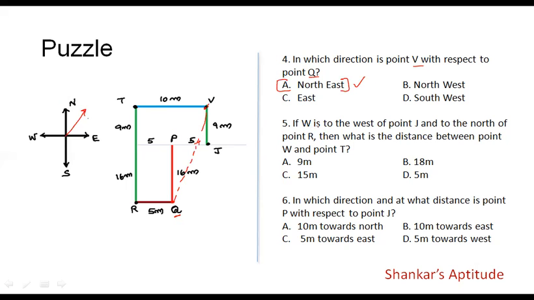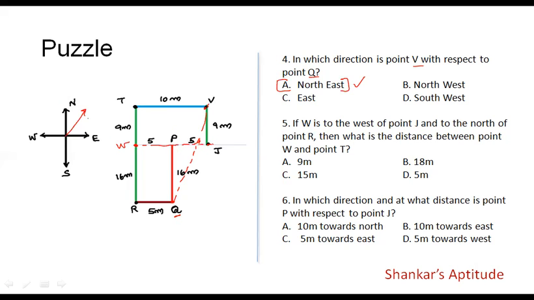If W is to the west of point J, it is located here. W is to the west of point J and to the north of point R. So we can see that west of point J, north of point R, this is the point where W is located.